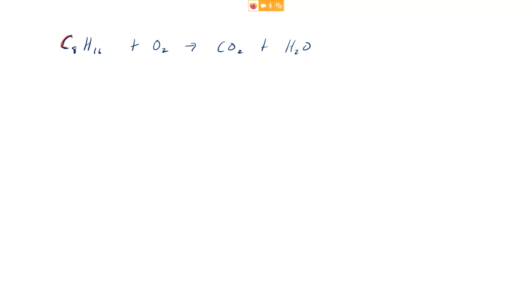It says that I have 9.04 grams of octane. What is the mass of oxygen? So I have 9.04 grams of this, and it wants to know what's the mass of oxygen.